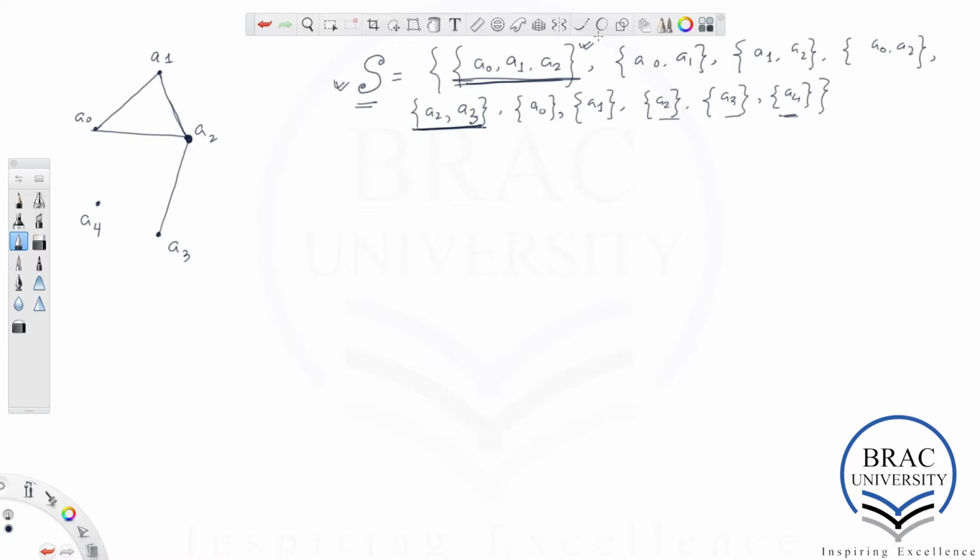The dimensions of all other simplices in this collection is less than 2. Okay, so the dimension of this abstract simplicial complex is 2.